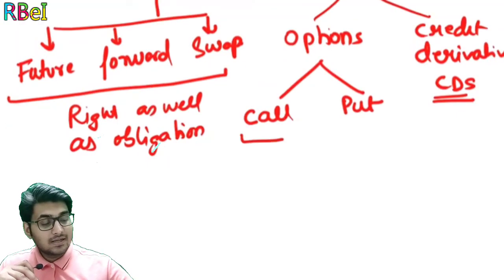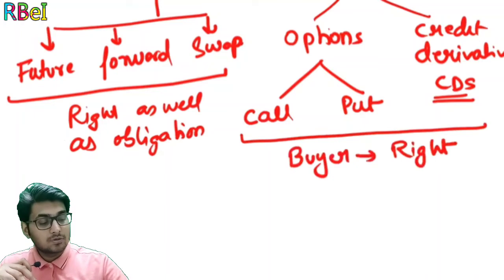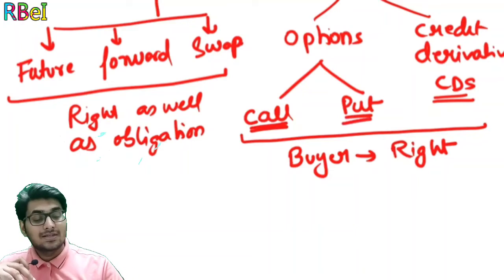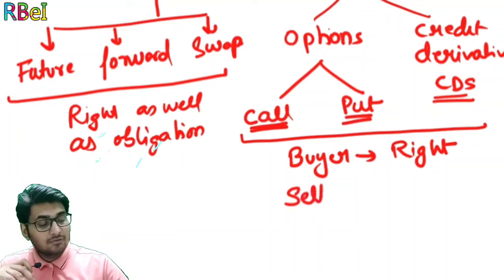But in the contingent scenario the buyer will have the right. Suppose I am the buyer of a call option, I have the right to buy. If I have bought a put option, I have the right to sell. But the seller of those options has the obligation.